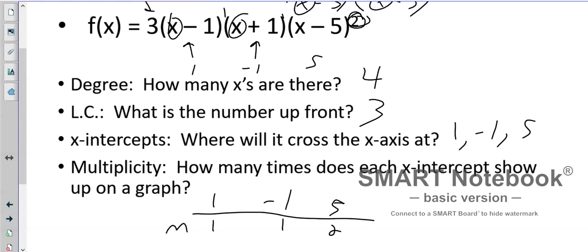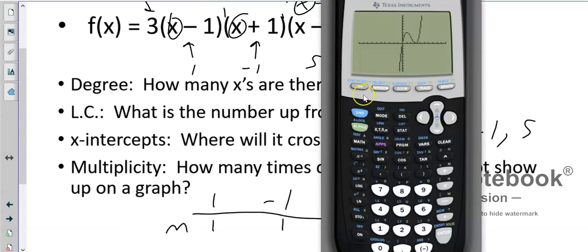Now, if we put it in the graph, you'll see what I'm talking about. So y equals, clear it out, 3 parentheses x minus 1, x plus 1, and x minus 5. We could write it twice or just say squared.